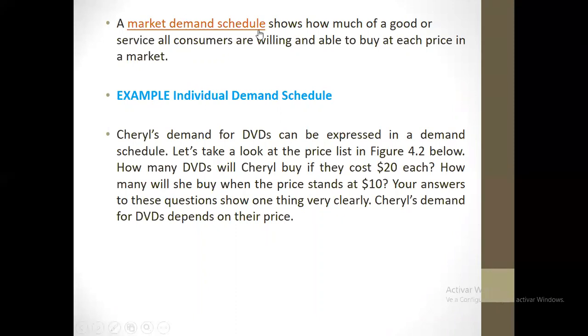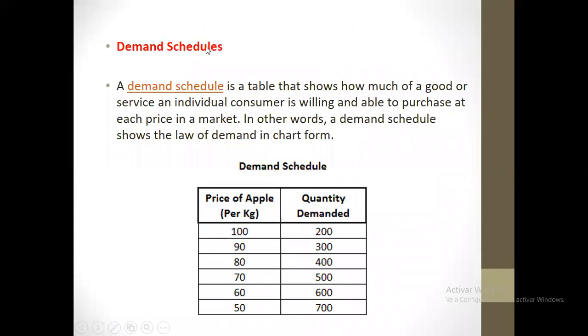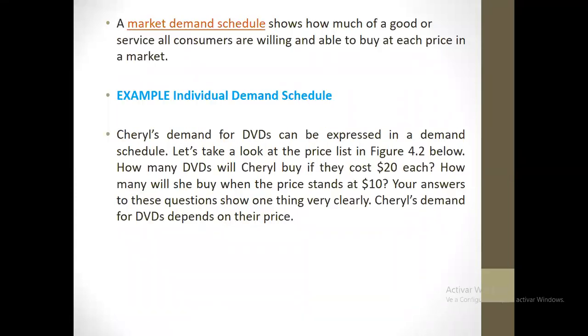The market demand schedule shows how much of a good or service all consumers are willing and able to buy at each price in a market. This is an example of an individual market.